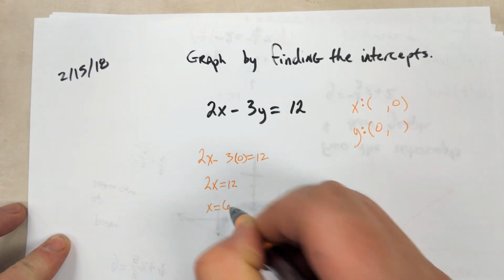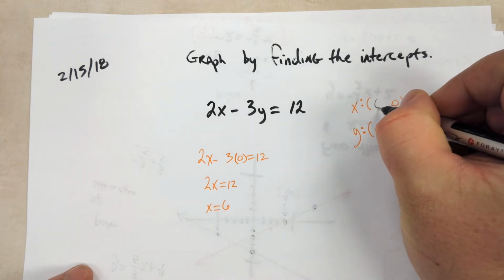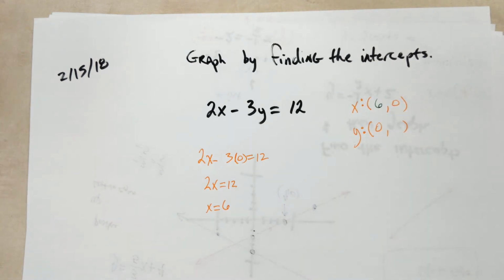So x equals 6. Okay. Now start all over.